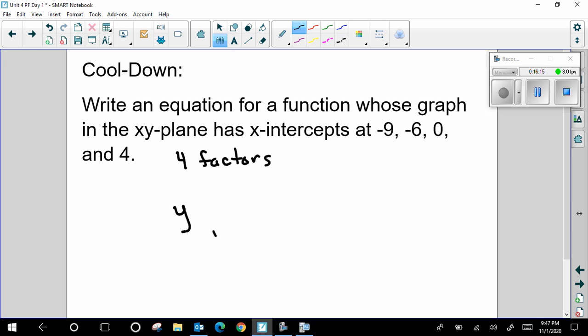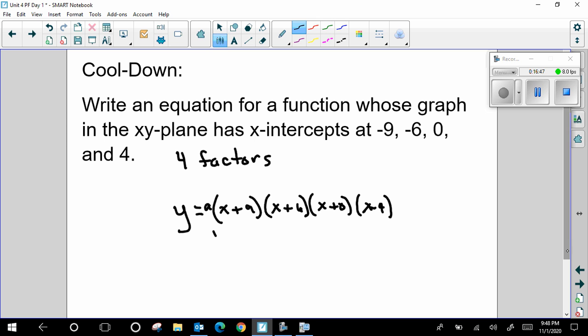So I'm going to have y equals, the crosses are at 0 at -9, I'm going to have x plus 9. For -6, I'm going to have x plus 6. For 0, I can do plus or minus 0, doesn't really matter. And for a +4, I need x minus 4. So I'm going to put an a value in front of that, because all the a value does is determine the end behavior, which is going to be a later concept that comes up.